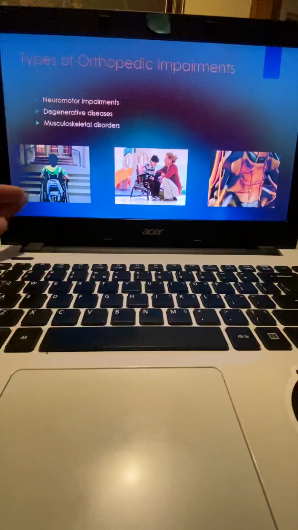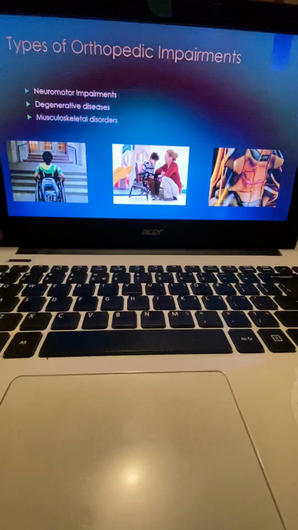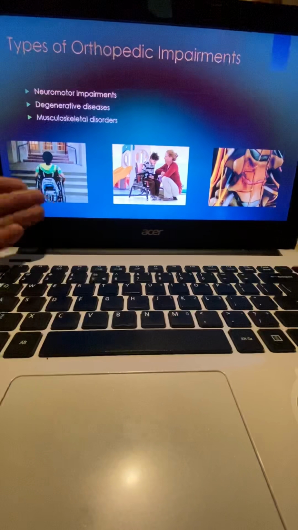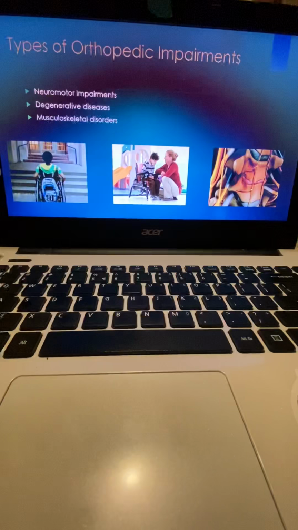In this case, I put a picture of an individual who is confronted by a flight of stairs, who, as you can see, although they have a tool that is adapted for them, such as this wheelchair, we can see that this area is not wheelchair accessible, and therefore it is an obstacle for this individual.